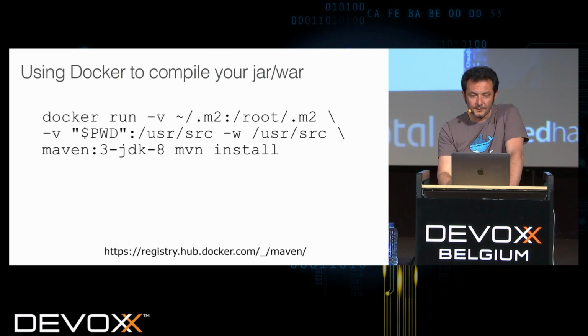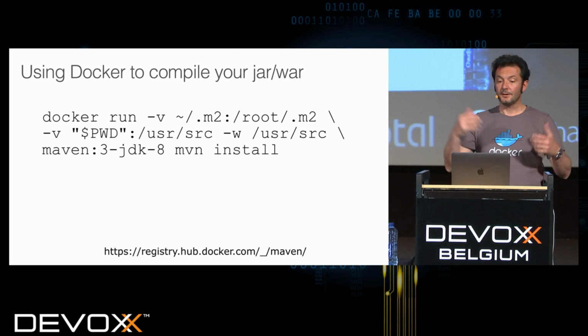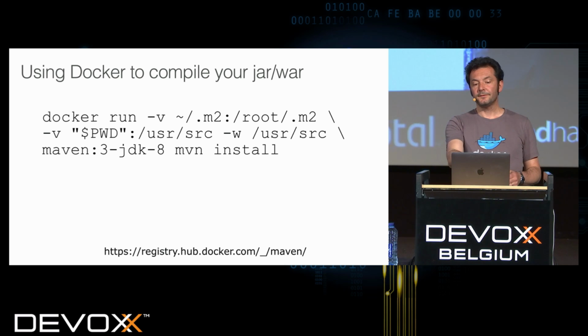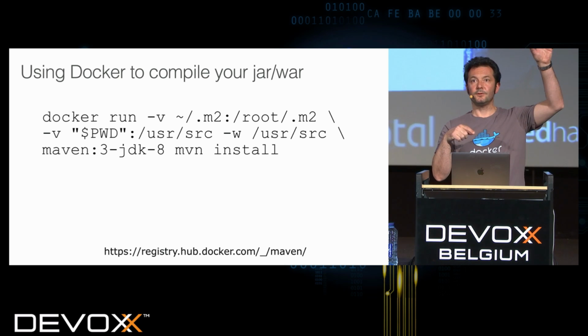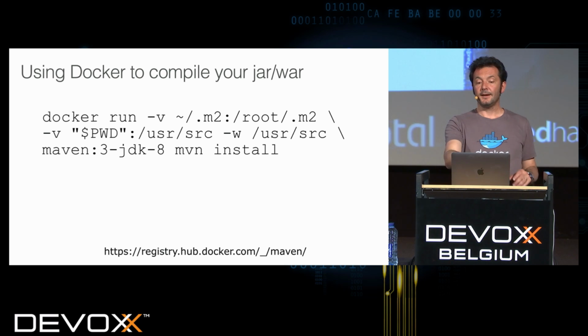Actually, that command is not the best. Usually, it's better to create a volume for Maven. So here, I'm mounting the .m2, my Maven local cache, inside of the Maven container.